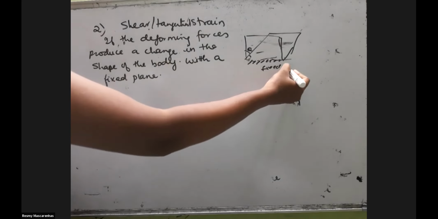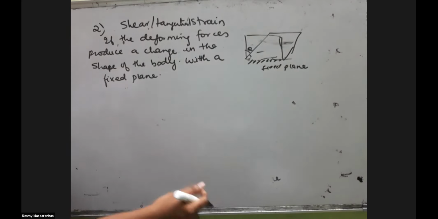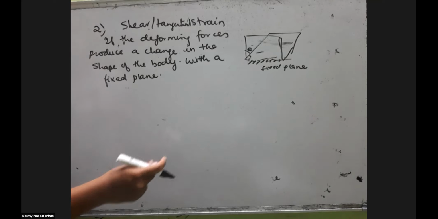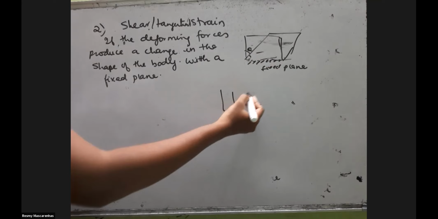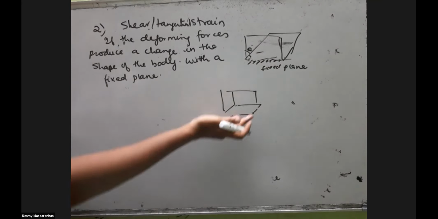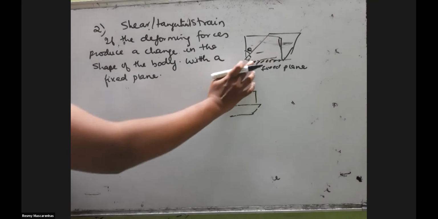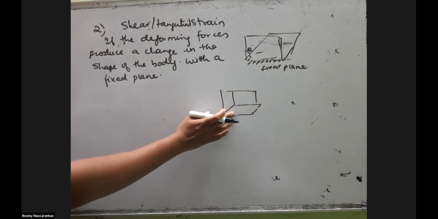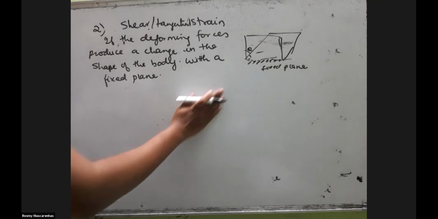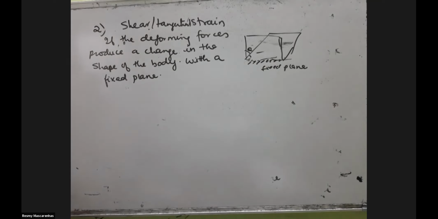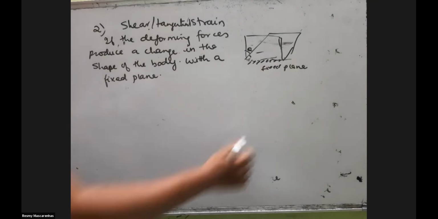This is a fixed plane. Plane means it's like the face of the page. It was a block, no? I've drawn a two-dimensional one, but if we were actually looking, this would have been like a box kept on the floor. The face means a plane, not a line.